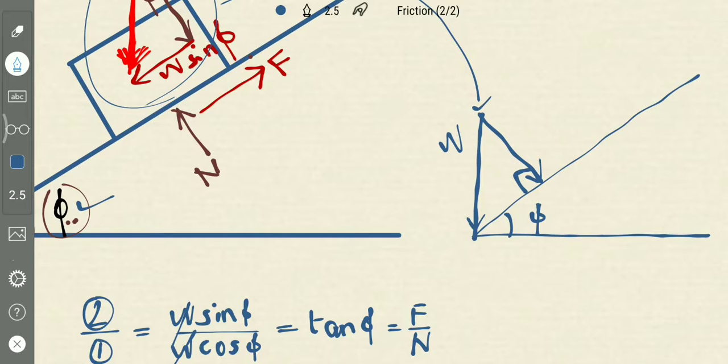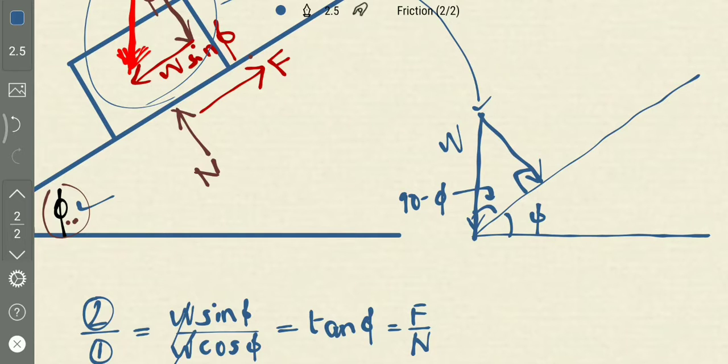This is 90 degrees. This will be 90 minus phi, because this is 90 minus phi, and suppose this is angle x.